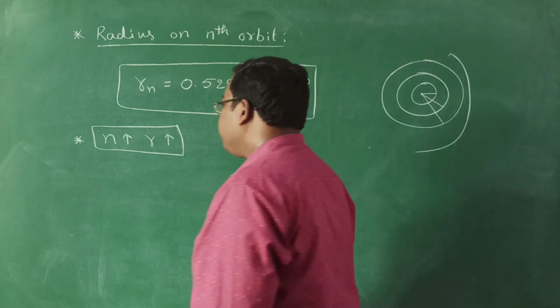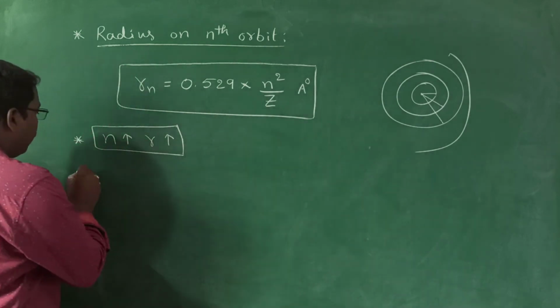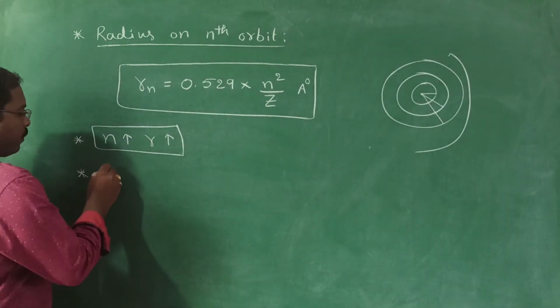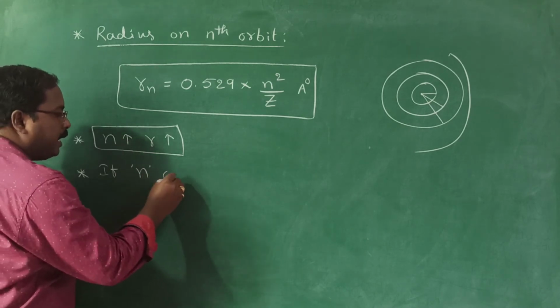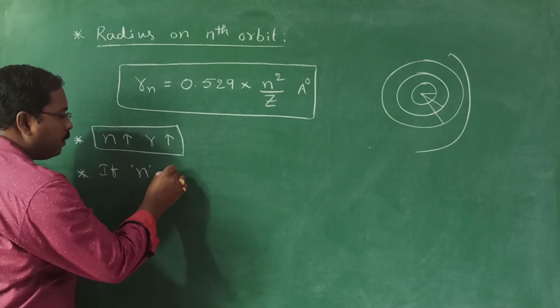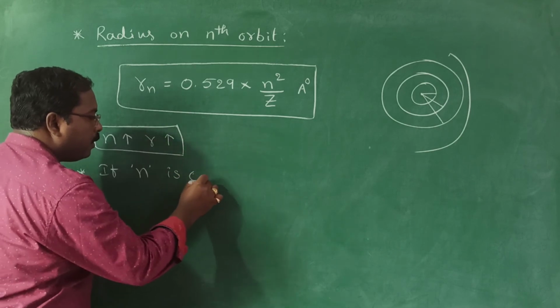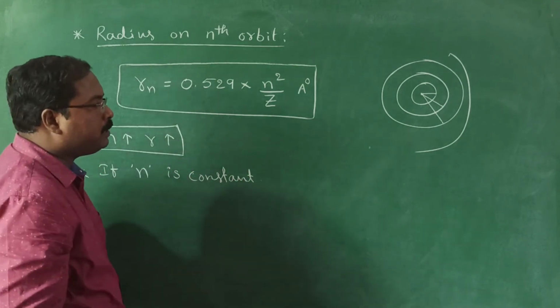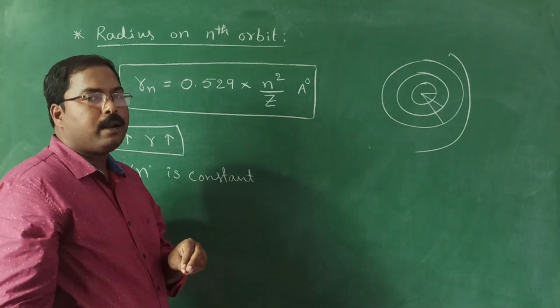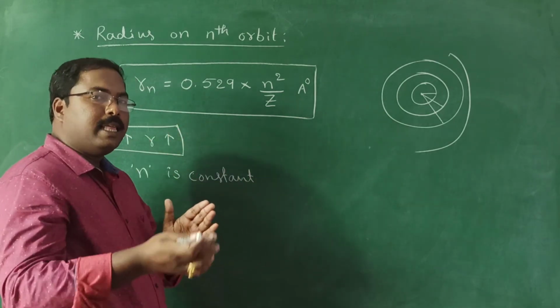For example, for the same orbit, that means n is constant, now we are going to compare one atom with the other atom.